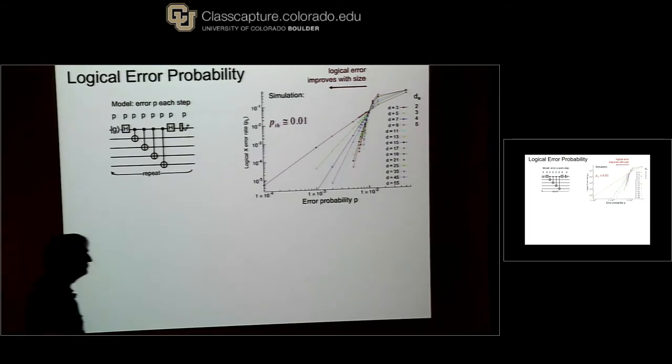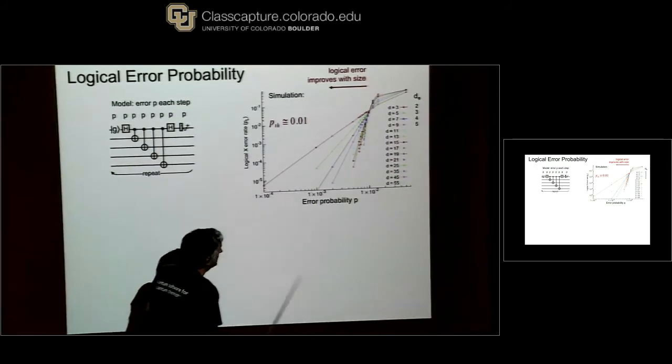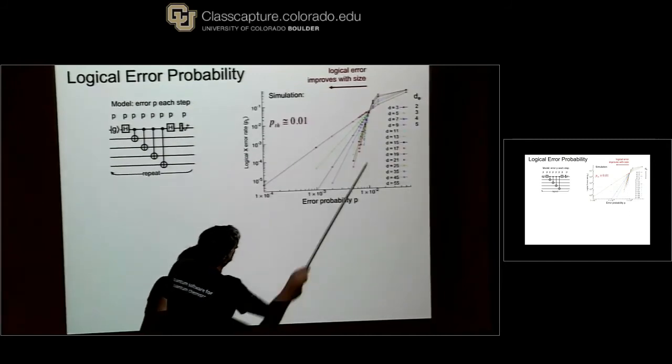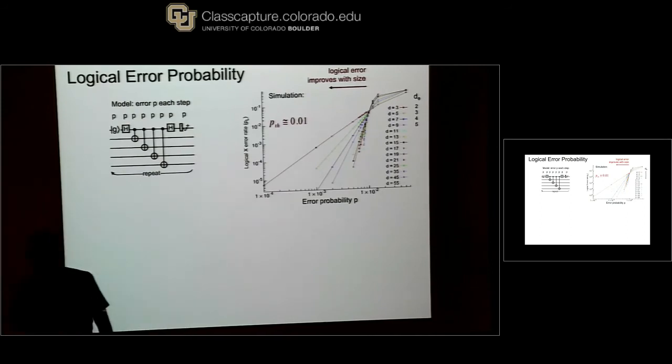And if you want to get a logical error rate of 10 to the minus something big, then you want to be, let's say, a factor of 10 below the threshold, and you want to go to some large size of the surface code. So that's how you get to low error rates.